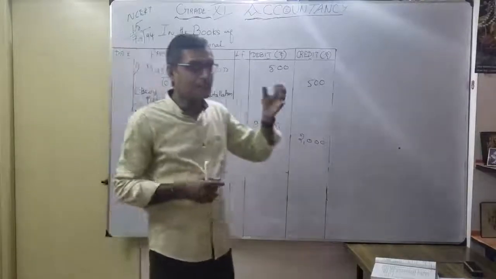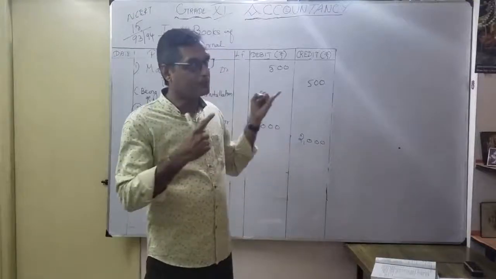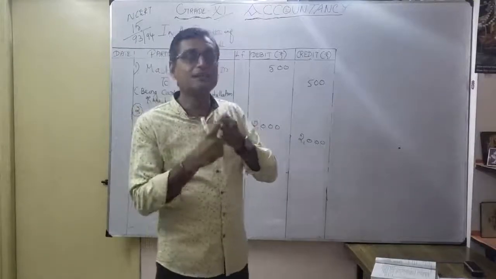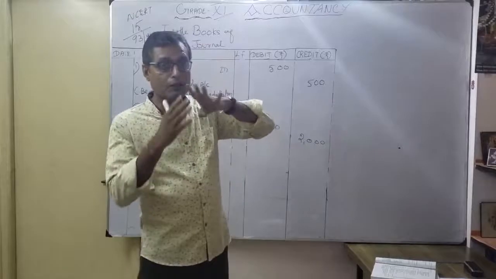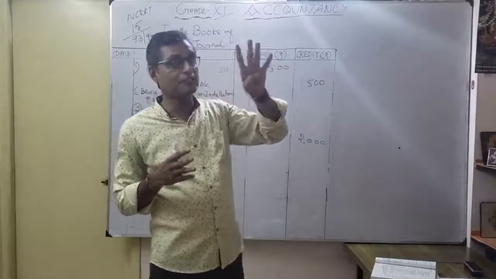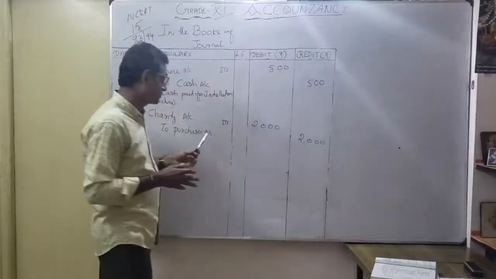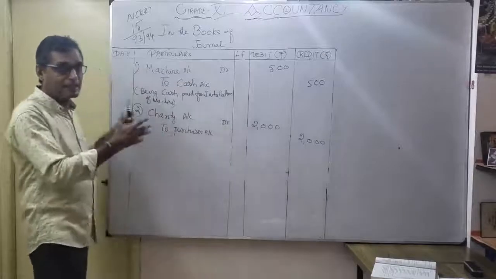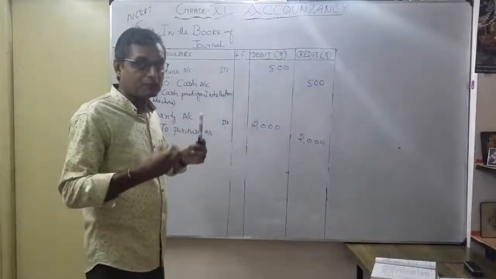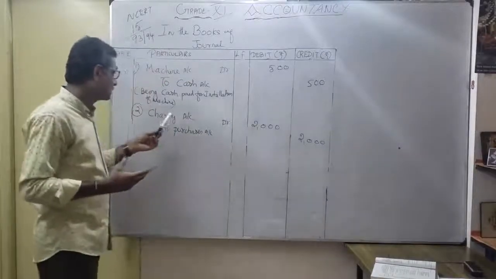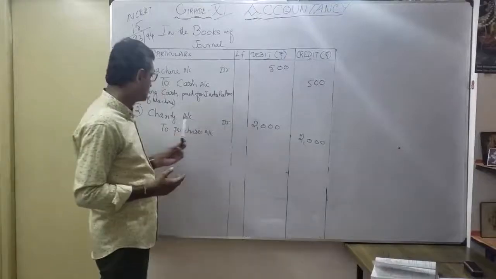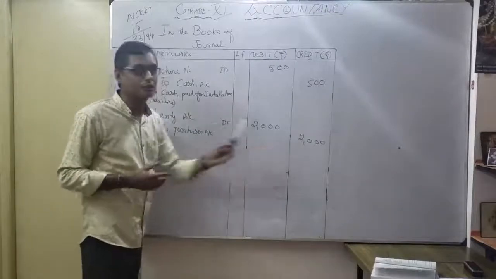As personal use, charity, then any loss by fire or theft, you have to debit all these four situations and credit purchases account. Correct. It's the same manner here. As goods you are providing for charity purpose, I am debiting charity account 2000 to purchases account 2000.